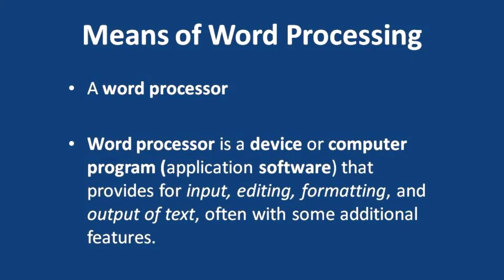Of course, we have a word processor, and this word processor is nothing but a device or the computer program or the application software that provides a scope for input, editing, formatting and output of text, often with some additional features.